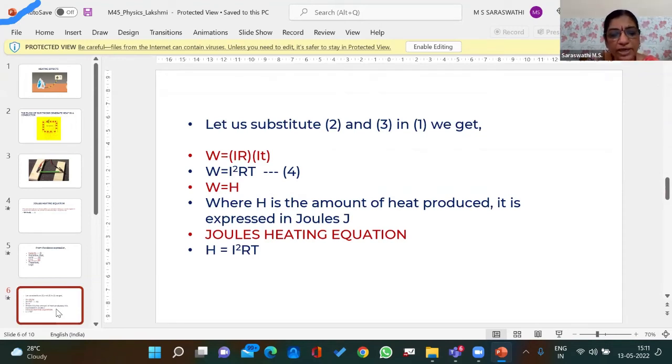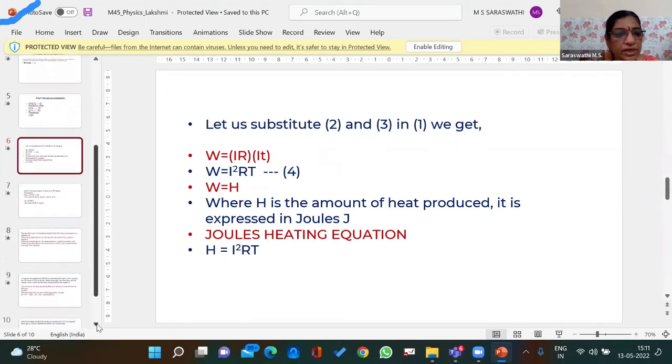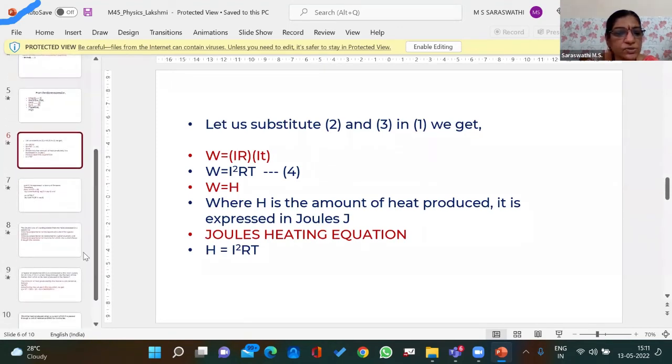So Joule's law of heating, the equation is H is equal to I squared R into T. This is how you derive the expression for Joule's law of heating.